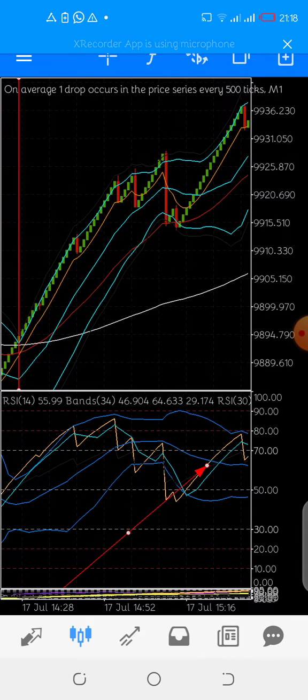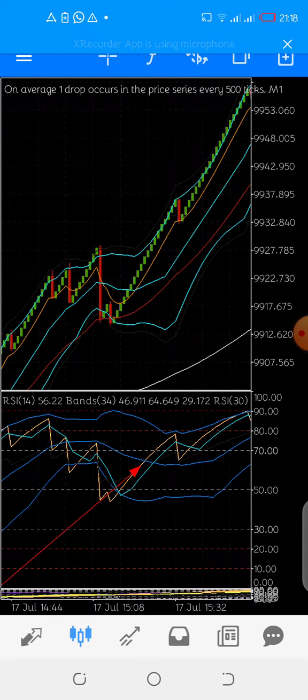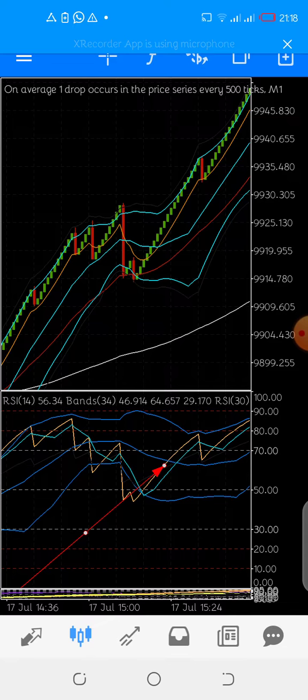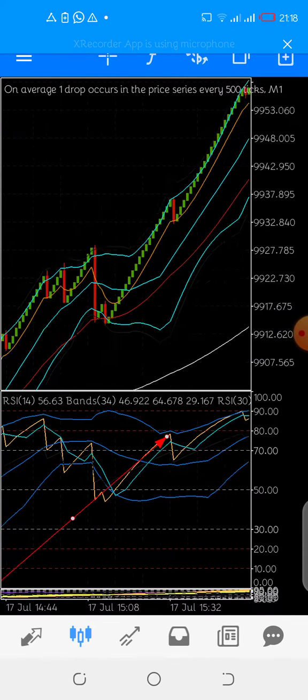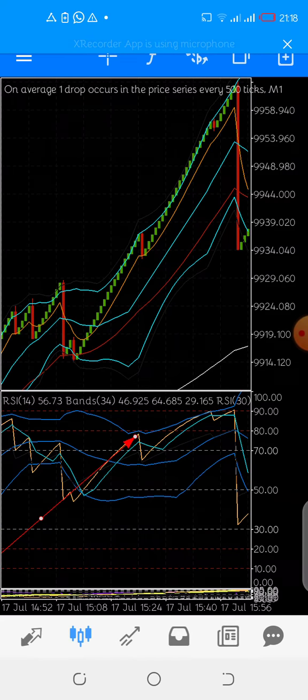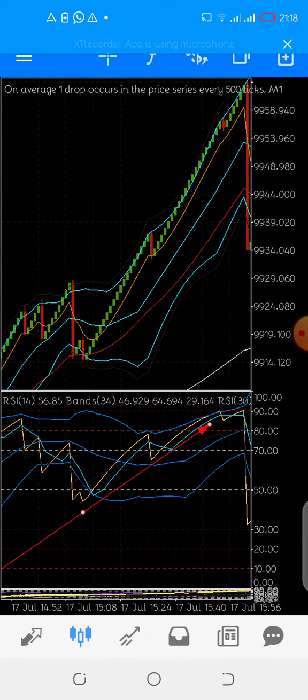Now here it breaks through the middle Bollinger Band, but check where it reaches. The moment it touches the peak of the upper Bollinger Band, it crashes again. Okay? And then from there, it creates more harmony, like there was no sharp edge. So look here again.